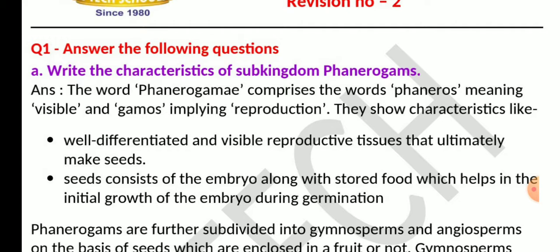They show the characteristics like well differentiated and visible reproductive tissues that ultimately make seeds. Seeds consist of the embryo along with stored food, which helps in the initial growth of the embryo during germination. So, these are the characteristics of phanerogam.